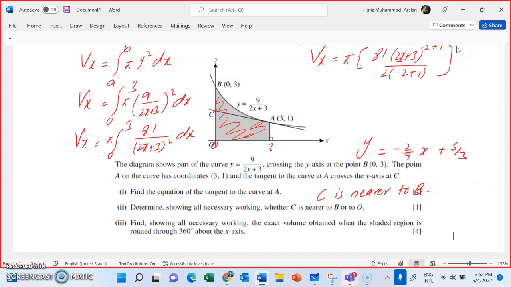So we are using that formula, 1 over a into x to the power of n plus 1 over n plus 1. So that means the volume about x is equal to pi times 81 times 2x plus 3 to the power of negative 1 over negative 2.